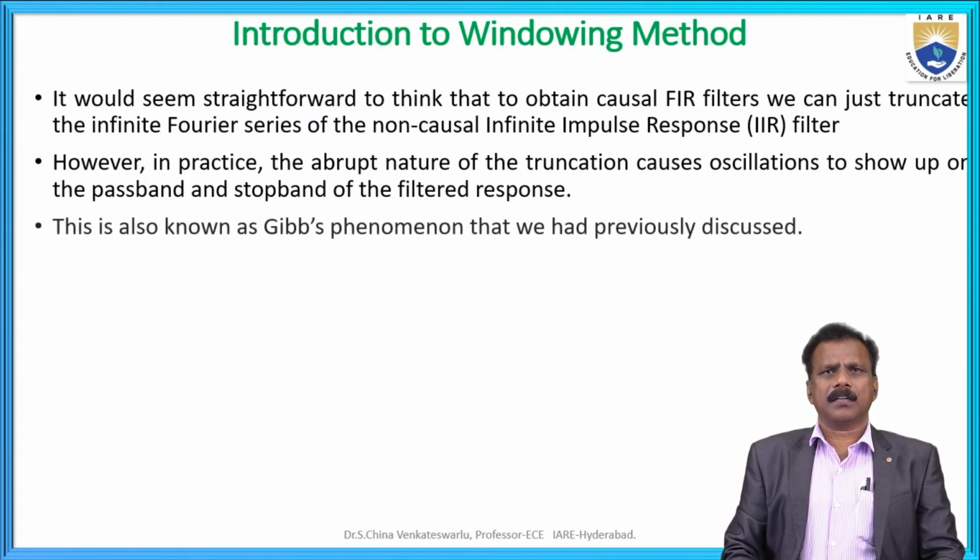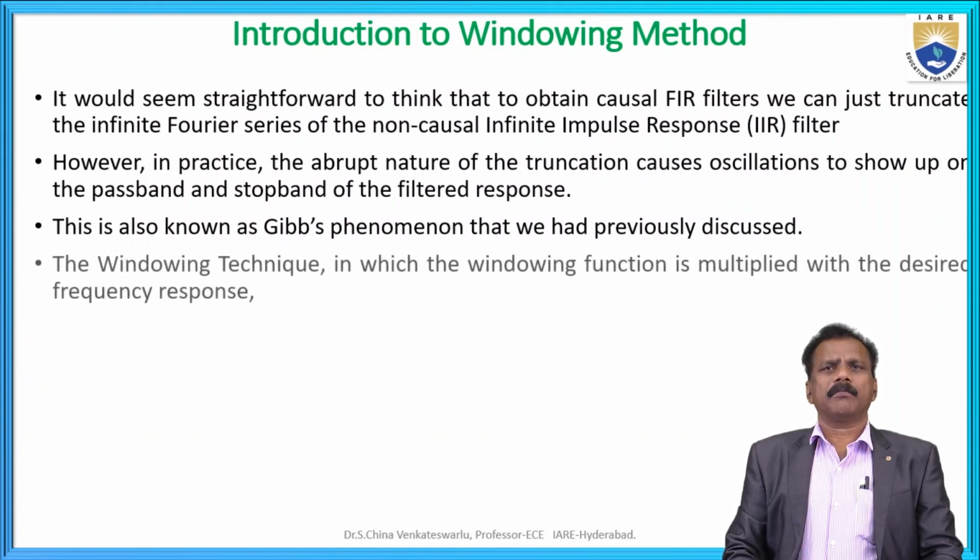This is also known as the Gibbs phenomenon that we had previously discussed from the beginning of this digital signal processing course. So in the windowing technique, the windowing function is multiplied with the desired frequency response.